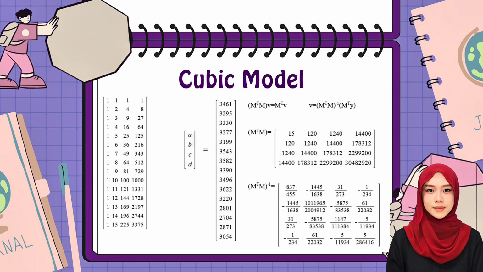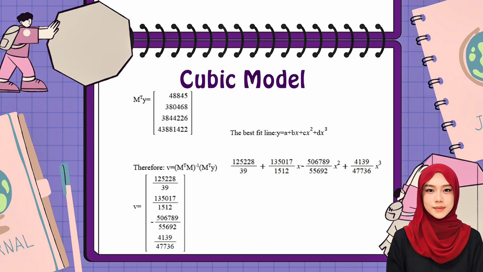Next, we apply the least square method using the formula V equals M transpose times M in brackets inverse times M transpose times Y to calculate the coefficients A, B, C, and D. After solving the matrix, we obtain the best fit cubic equation, which is y equals 125,228 over 39 plus 135,017 over 1,512 times x minus 506,789 over 55,692 times x squared plus 4,139 over 47,736 times x cubed.